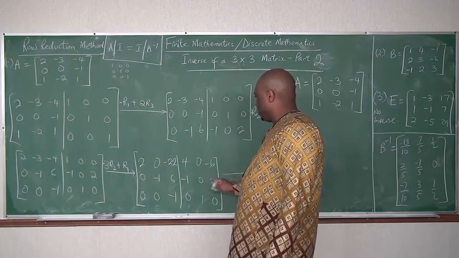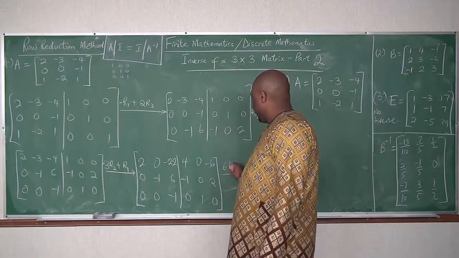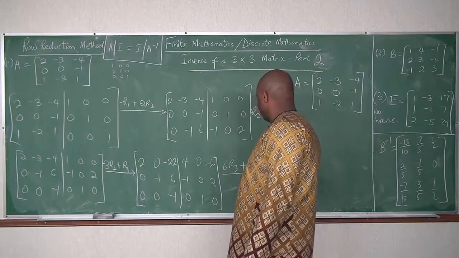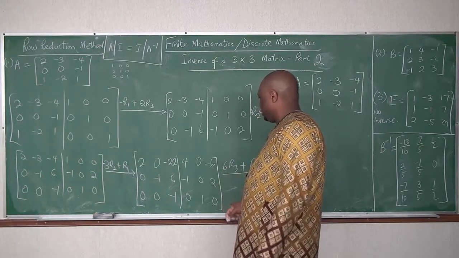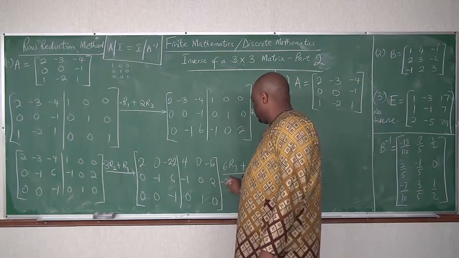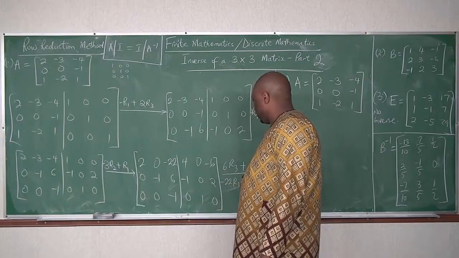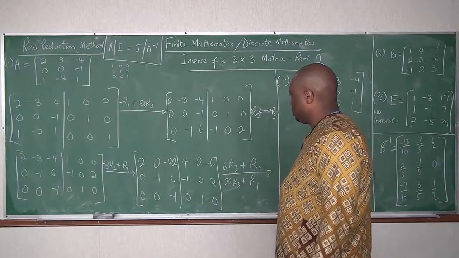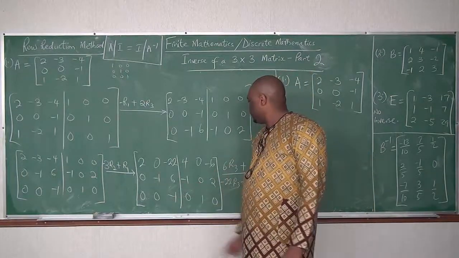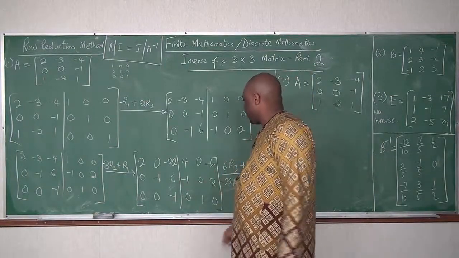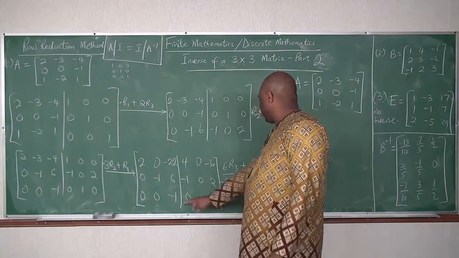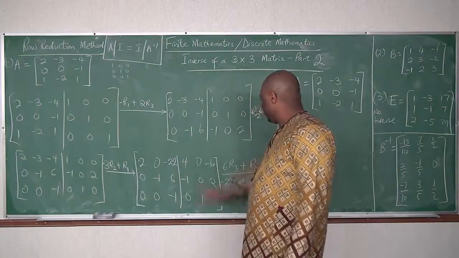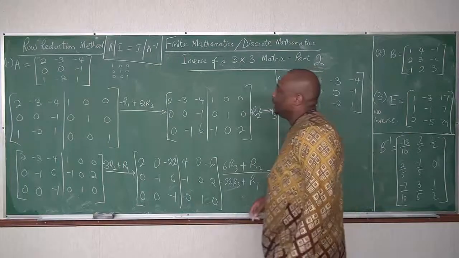So this will be 6 R3 plus R2 and negative 22 R3 plus R1. Right? 6 R3, negative 6 plus 6, and then negative 22 R3, 22 minus 22, that's 0.